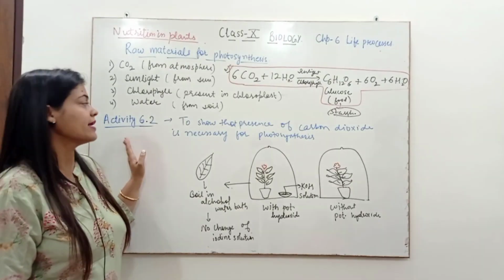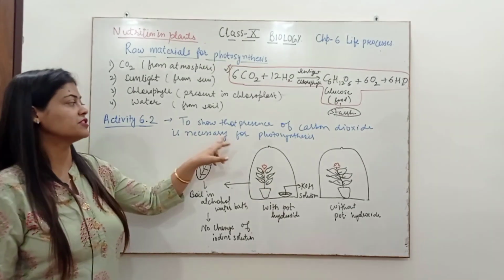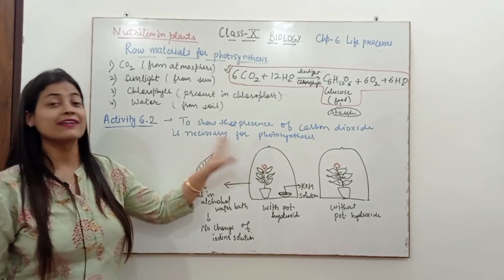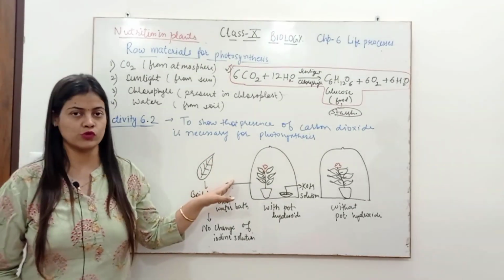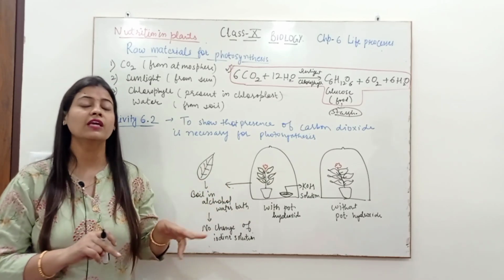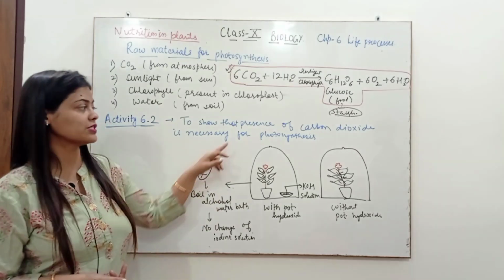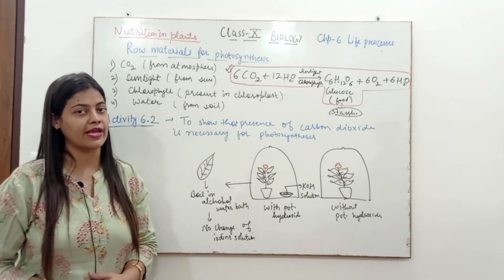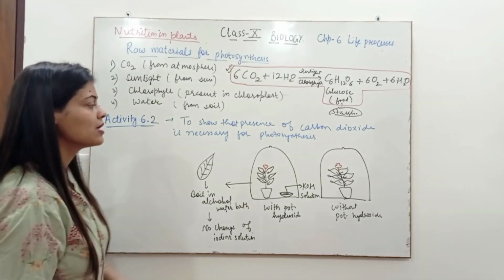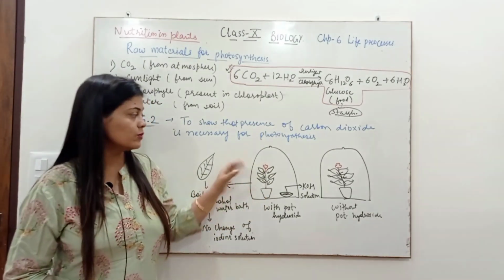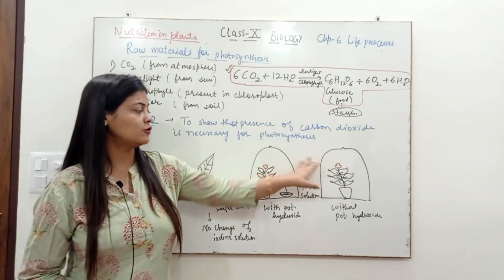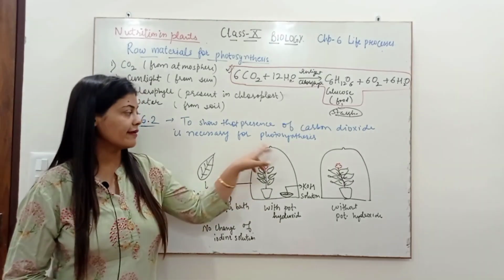Let's see activity 6.2, which is to prove that carbon dioxide is necessary for photosynthesis. Like in the first activity, we discussed that the presence of chlorophyll is necessary for photosynthesis. Here we will discuss that carbon dioxide is necessary for photosynthesis. For that, we will take 2 potted plants in bell jars.